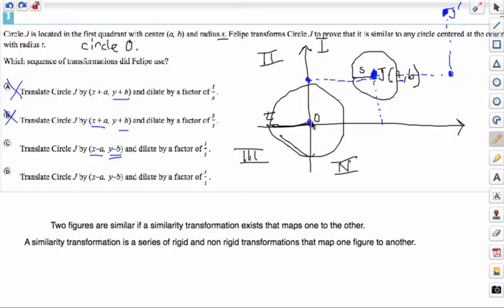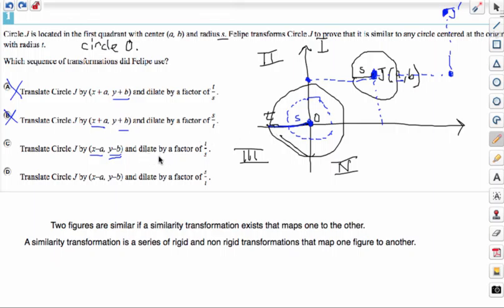So we have the circle in the correct place. Right now the circle is here with radius S. So we've mapped the two centers to each other. Now we need to dilate circle J so it's the size of circle O, so it has radius T.